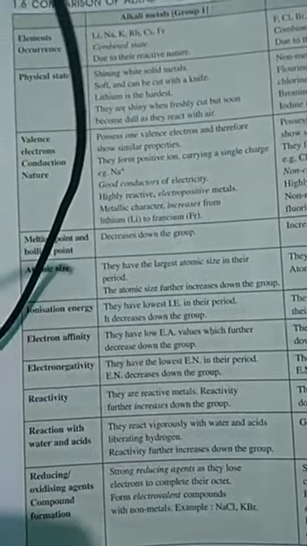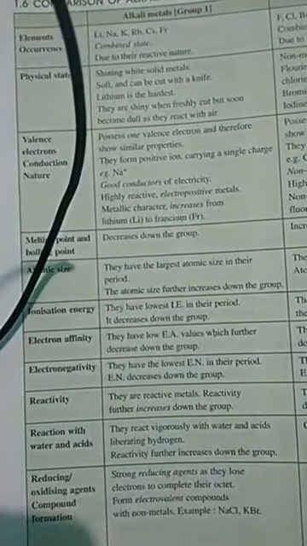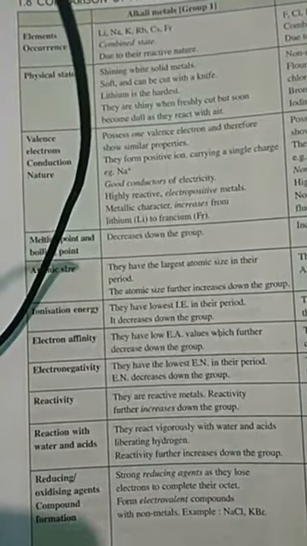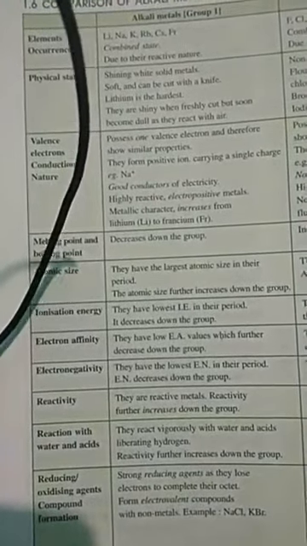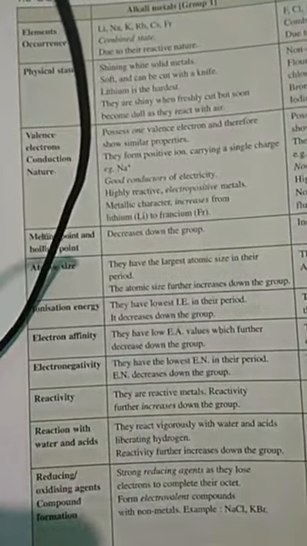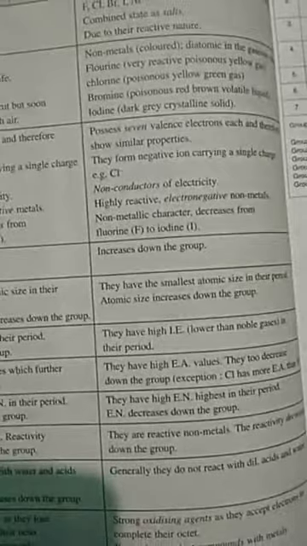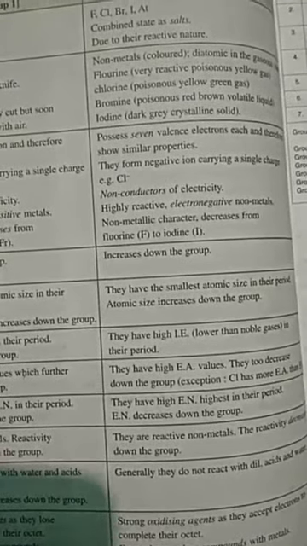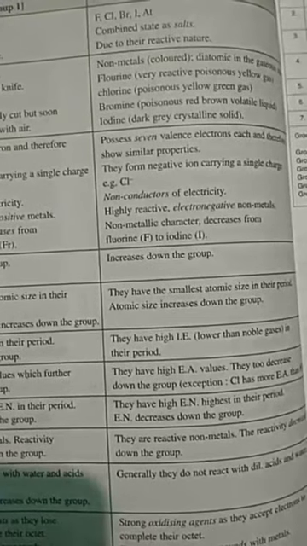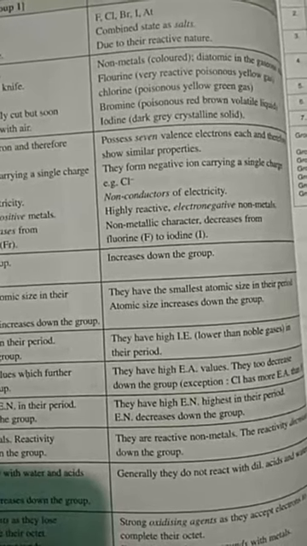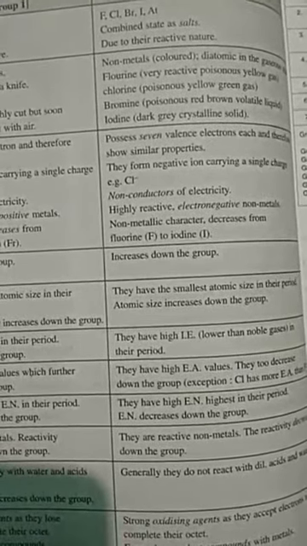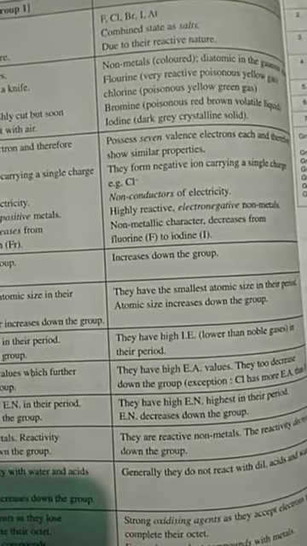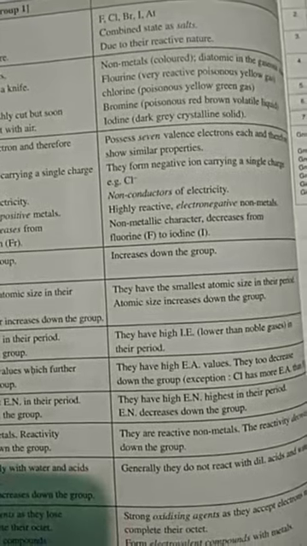All alkali metals have low electron affinity value, which further decreases when we move downwards. But halogens, they have high electron affinity. Like alkali metals, the electron affinity value of halogen also decreases when we move downwards.